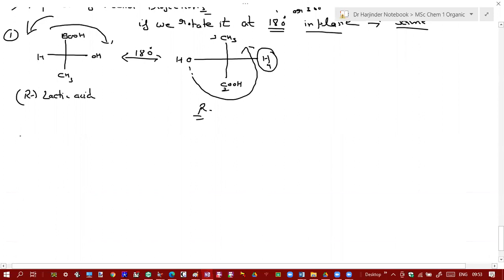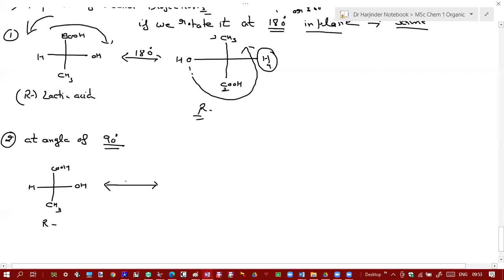Now if you rotate it at an angle of 90 degrees, what will happen? Will the configuration remain the same or change?